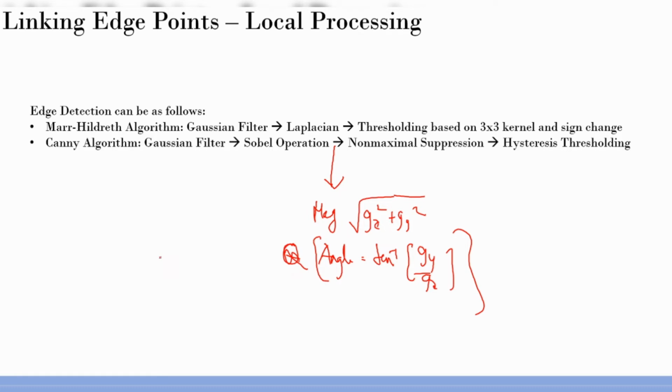And if it is, similar to the Marr-Hildreth algorithm, you see the difference across the neighbors in that direction. If it is greater than a threshold, you keep it, otherwise you make it 0. Okay, so that's how you do it. And that is where the name non-maximal suppression comes from. Whatever is not maximum in the direction given by the angle, you are suppressing.